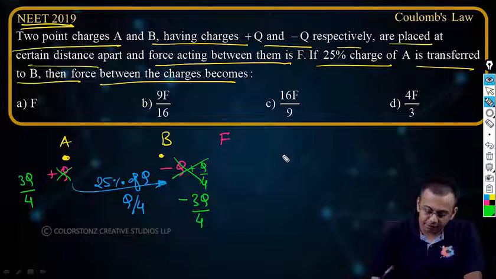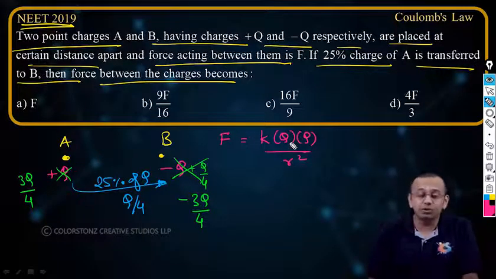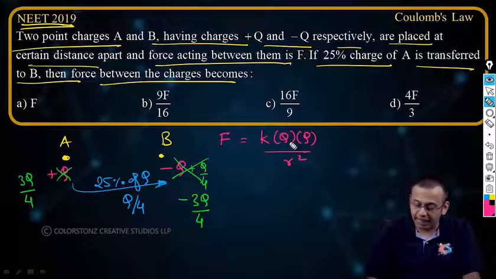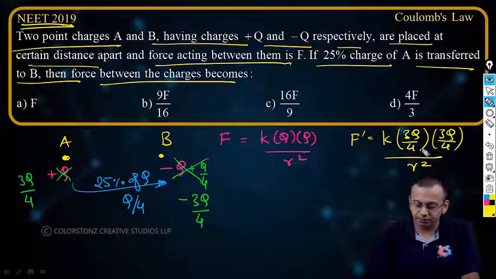Initially, this force F, if we write, then it was KQQ by R square. Remember, we take only the magnitudes for calculation of the magnitude of force. For the second part, now the new force F dash is going to become K into 3Q by 4 into 3Q by 4 by R square.